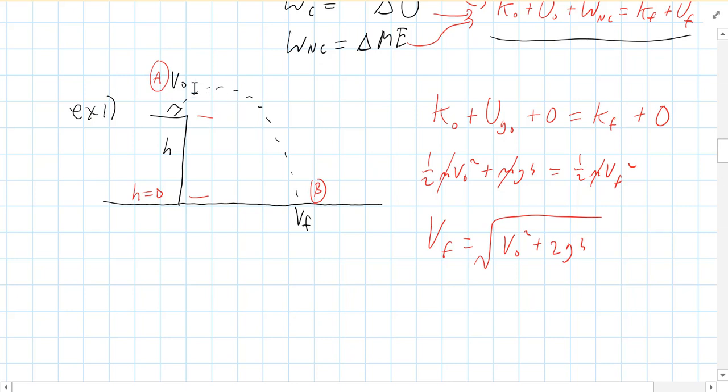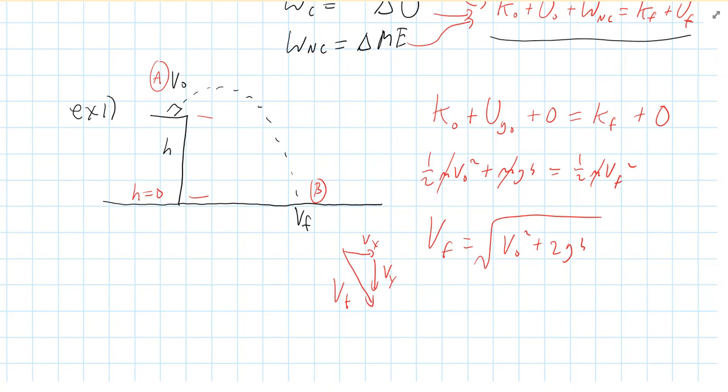It would just be v naught cosine theta. And now that we know the vf we just found, and if we know vx, you could also find vy, the vertical velocity of the ball right at the moment it's hitting the ground. So using conservation of energy is actually a nifty way to help you solve projectile motion problems.